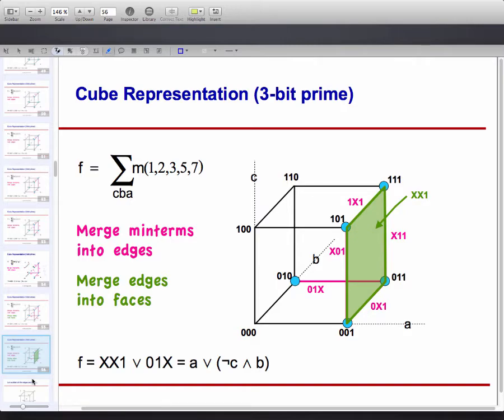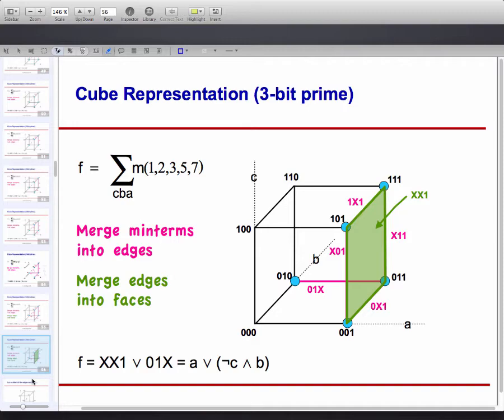This face corresponds to B don't care, C don't care, but A should be 1. And then of course the whole cube is xxx, right? I don't care about any one of them.